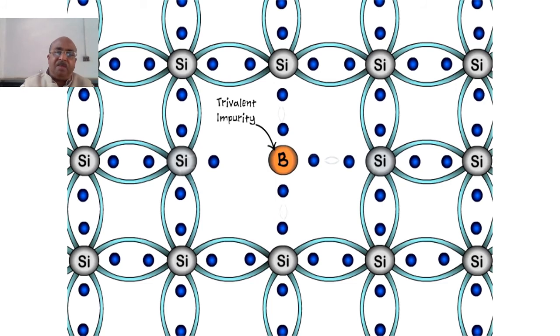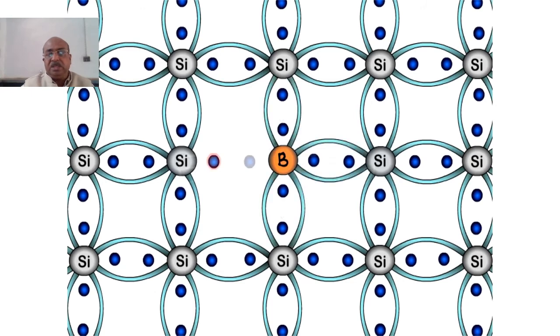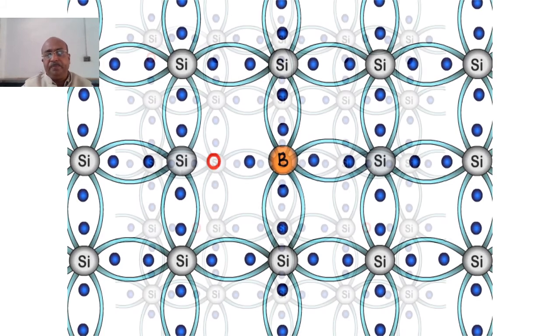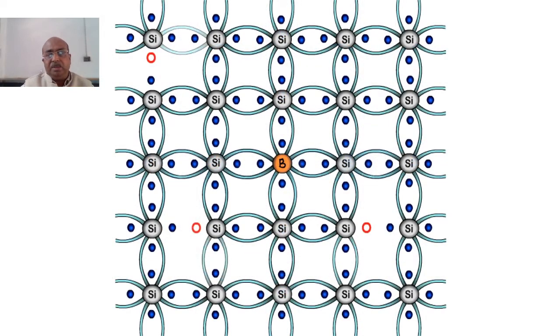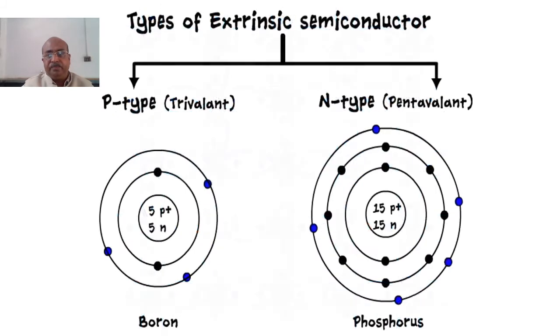And this trivalent impurity, when added to silicon, creates a space which is called a hole, which can be seen here with the red symbol. Similarly, these holes are created in the silicon doped with boron.